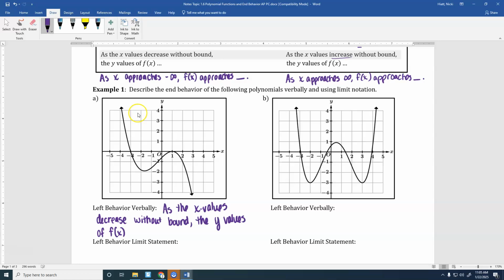Now, in this case, as we go to the left of this graph, what happens to our y values? They're going up to positive infinity, right? So we would say, if we're using this language, increase without bound. Positive infinity.